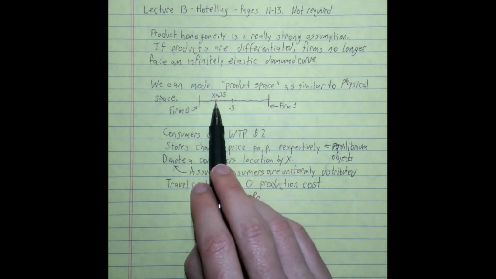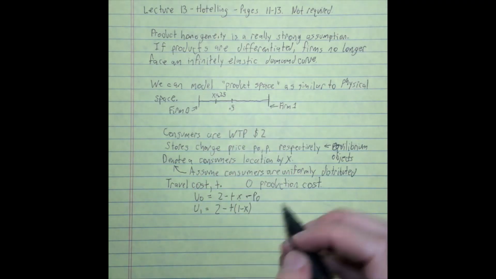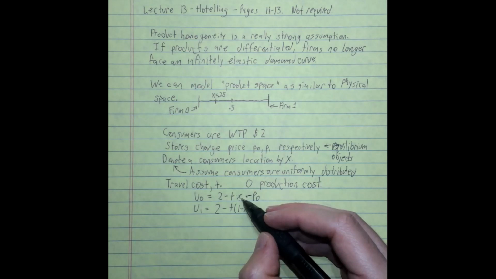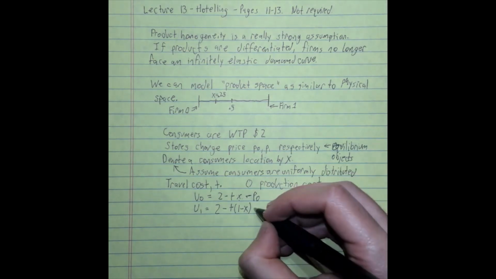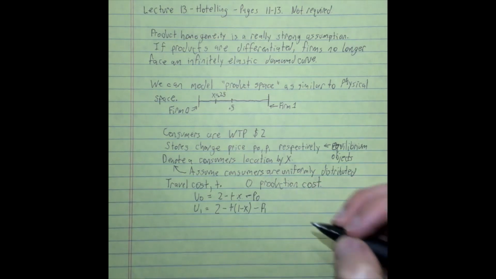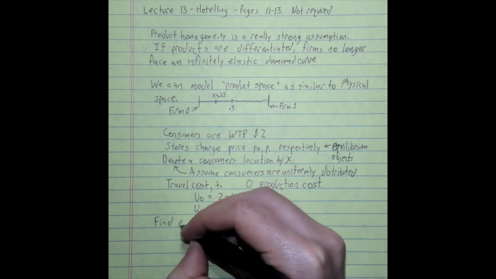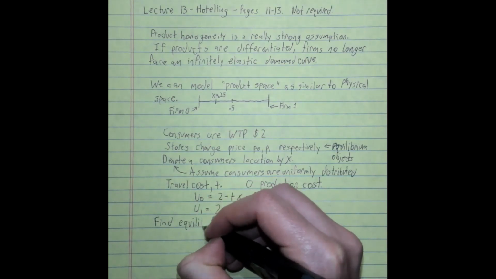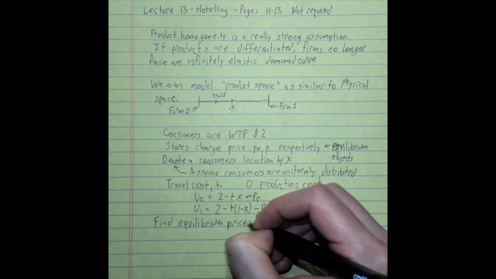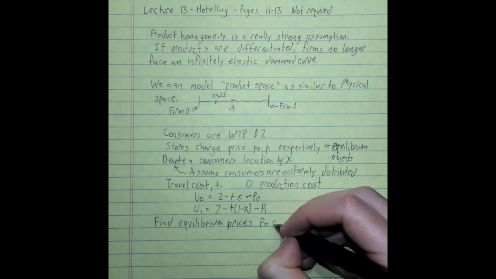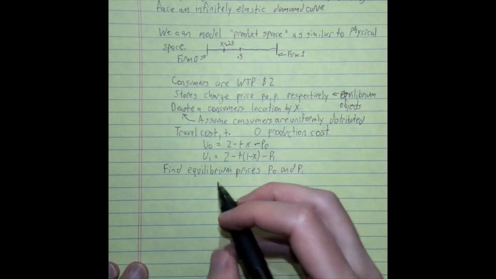If you're at 0.25, your distance from 0 is 0.25, and your distance from 1 is 0.75, minus P1. And our goal is to find equilibrium prices P0 and P1. To do that, we're going to find our indifferent consumer.